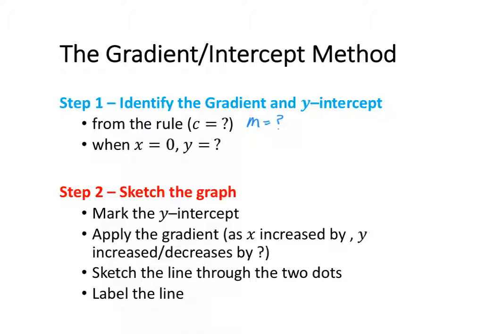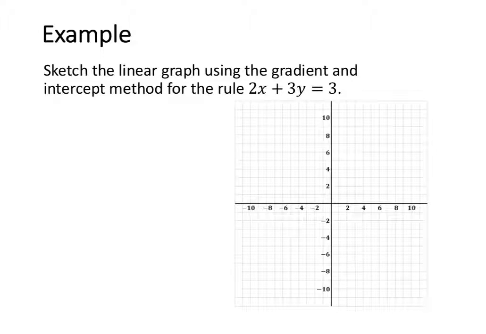So let's have a look at an example. In this example, we want to graph the rule 2x plus 3y is equal to 3 using the gradient intercepts method. You'll notice from the rule in the question that it is not in the format of y equals mx plus c.